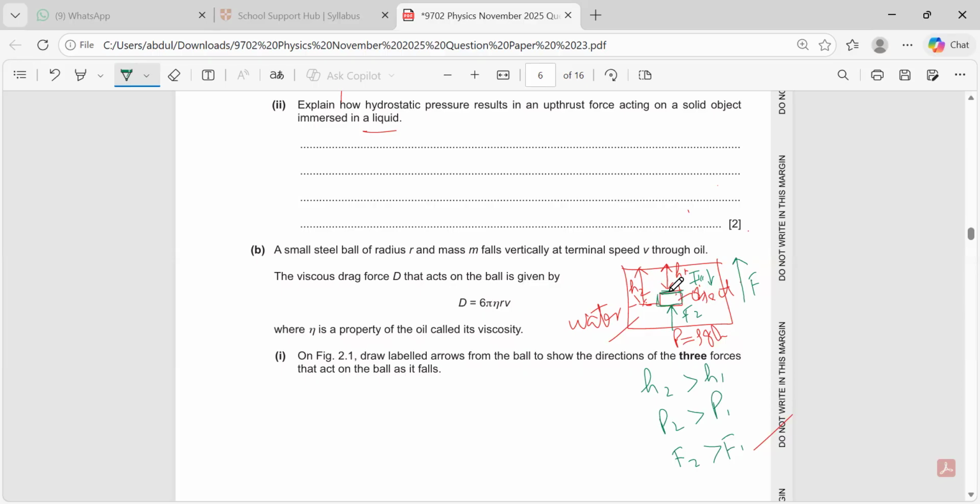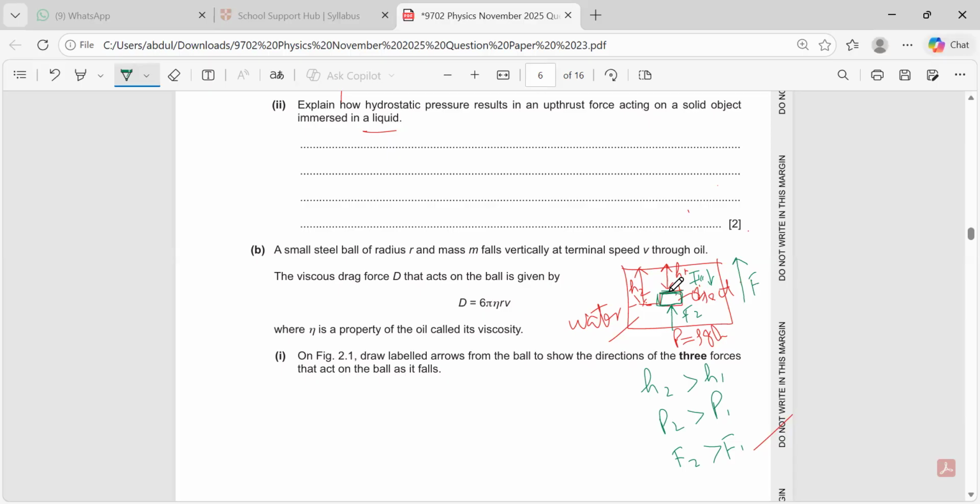So, my dear friends, again, this is the solid object which is inside the water or any liquid. It has two surfaces, top and bottom. They are at different depths, and pressure in fluids is directly proportional to depth. So the pressure at the top surface is smaller as compared to the pressure at the bottom surface. This difference in pressure will cause a difference in force acting on this object. Why force? Because force is equal to pressure times area.